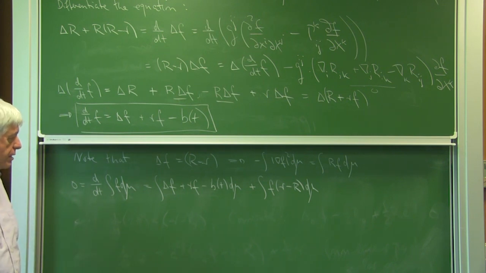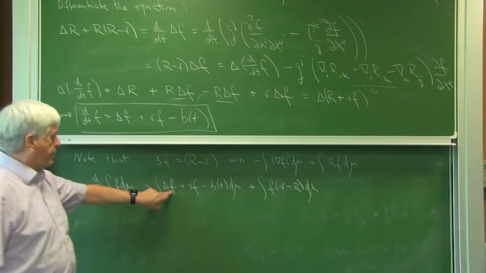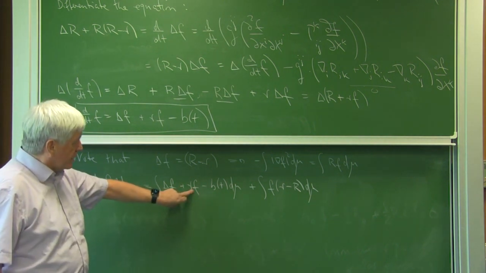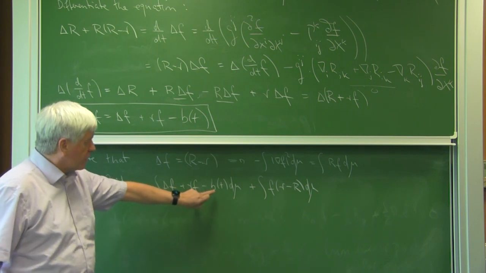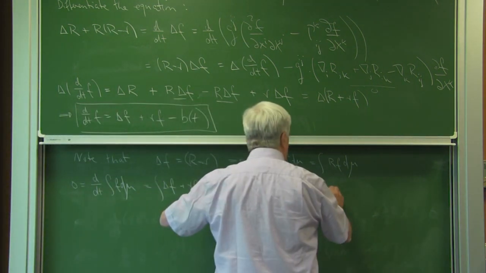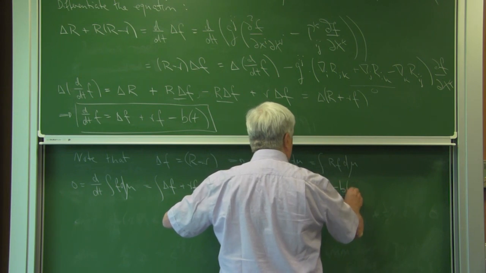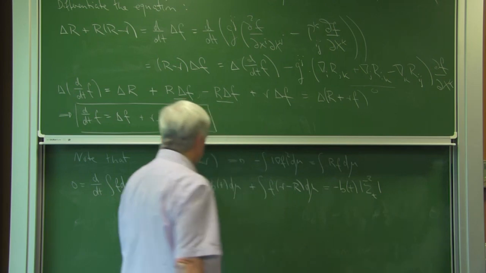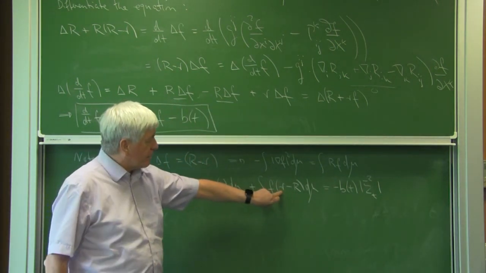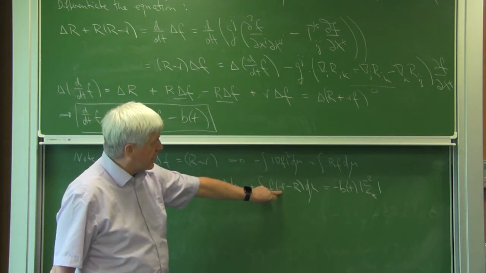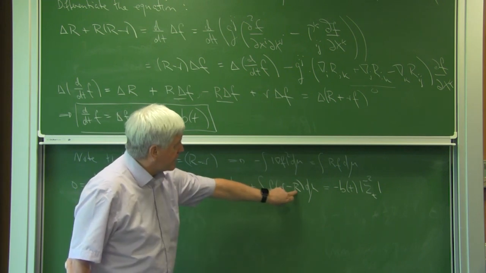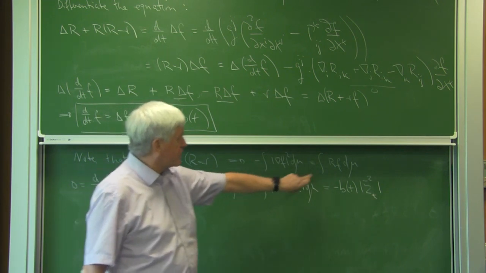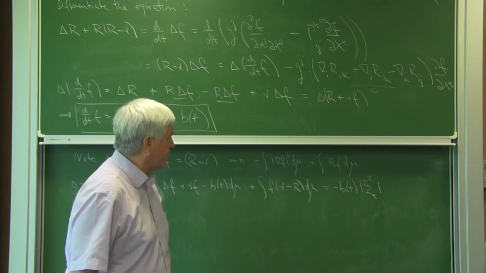Now integral of Laplacian f is 0, integral of a constant times f is 0, so this is just minus b of t times the area, and then integral of f times little r is 0 because little r is a constant, and minus R times f we have just computed to be integral gradient f squared.